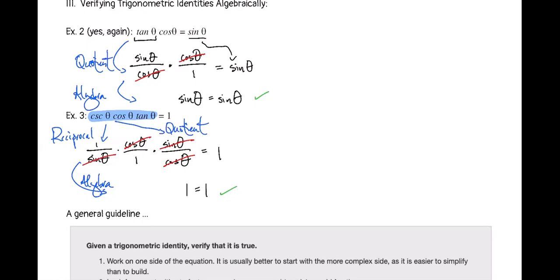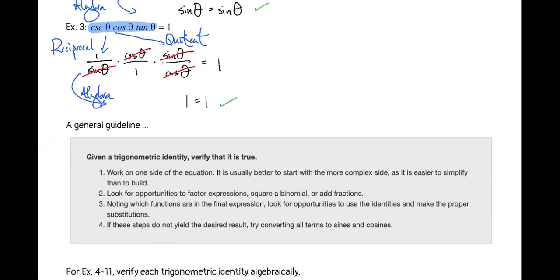All right, so a general guideline, because what makes this unit hard for folks is there's so many different tricks to try. I found that this little how-to is helpful as a guideline, but as we do all these other examples, I will try and be really obvious about why we're making certain decisions.